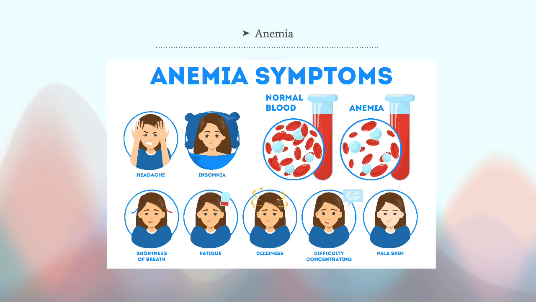Okay, the next comorbidity is anemia. And anemia of chronic disease is the most common type of anemia associated with COPD. Again, it stems from the systemic inflammation in the body. Patients with COPD and anemia are at greater risk for hospitalization and decreased quality of life and survival.